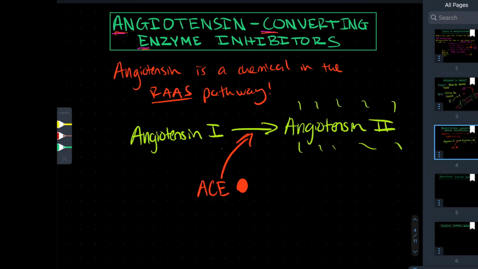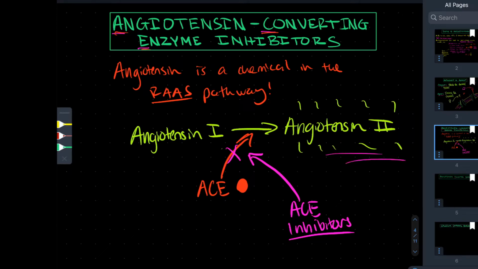So what an ACE inhibitor is going to do is prevent this process from occurring. It's going to inhibit the angiotensin converting enzyme. And so this means that angiotensin 2 cannot be created, which means that blood pressure cannot go up. So that is the basics of how it works.